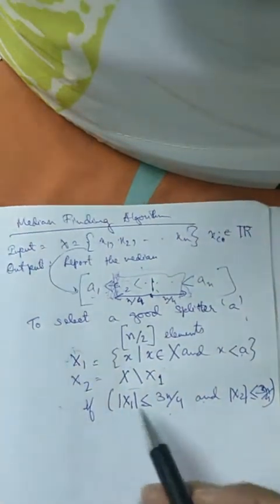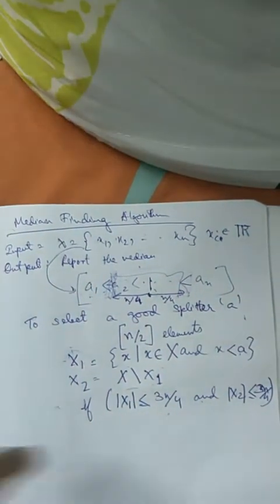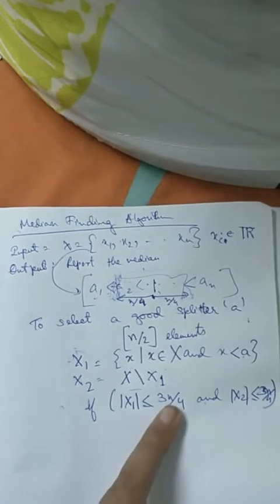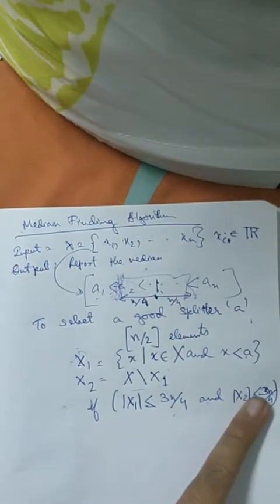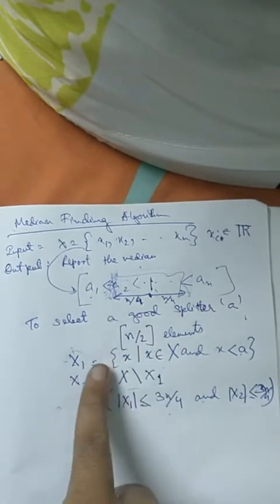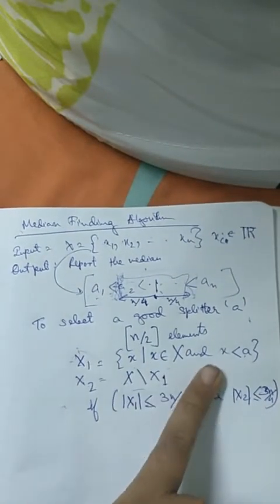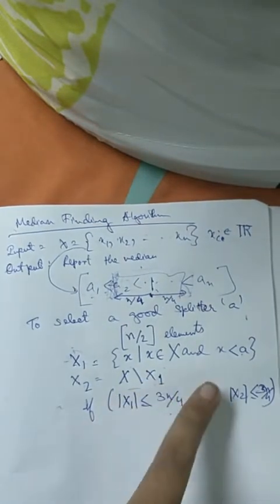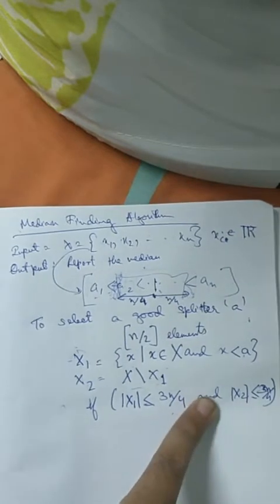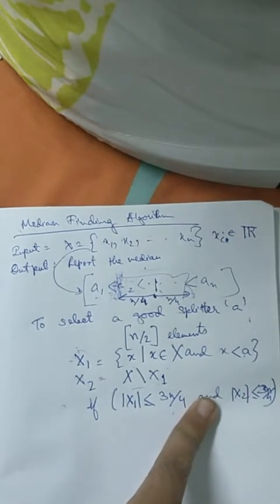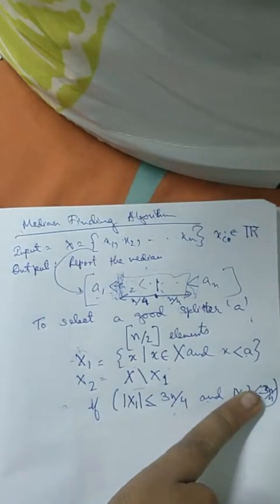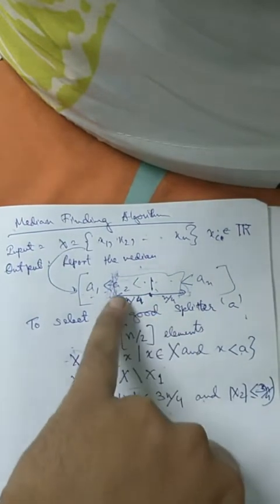So what this suggests is that if both cardinalities of x1 and x2 are less than 3n by 4, that means the number of numbers less than a must be less than 3n by 4, and the number of numbers greater than a must also be less than 3n by 4.